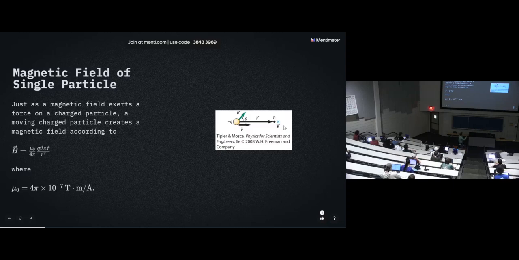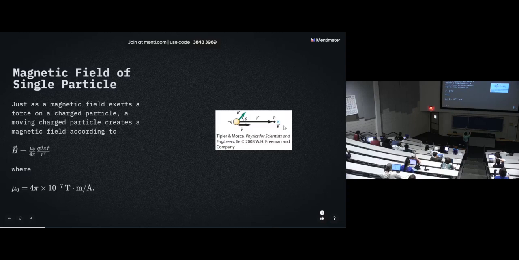So what's actually happening here is if you look to the right of V, it's going into the board. But now let's look at a point directly behind V. You take V and cross it into that point. That means the magnetic field would have to be going to the left side of the screen, behind V. And then we come out to the left side of the charged particle.